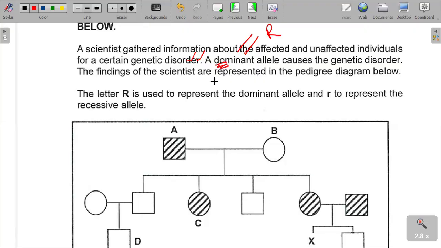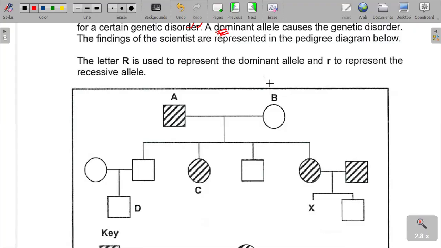The findings of the scientists are represented in the pedigree diagram below. Letter R is used to represent the dominant allele, and lowercase r represents the recessive allele. Then we have our key there.